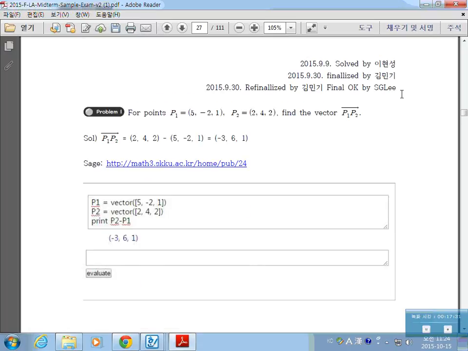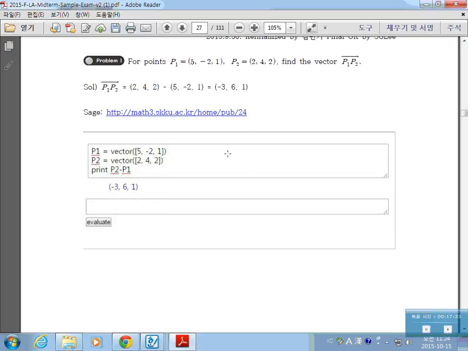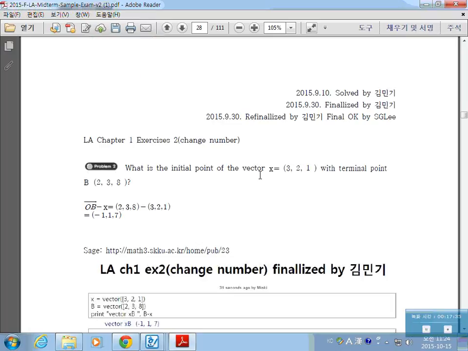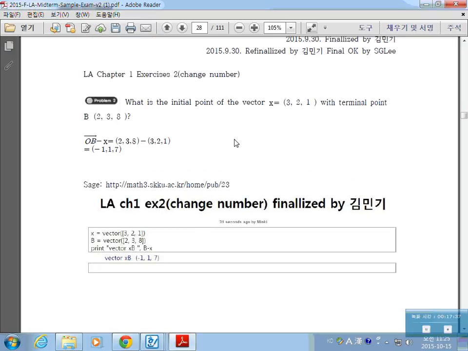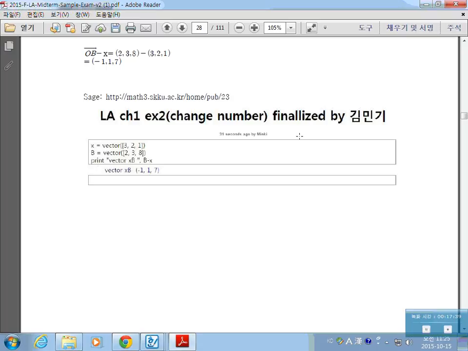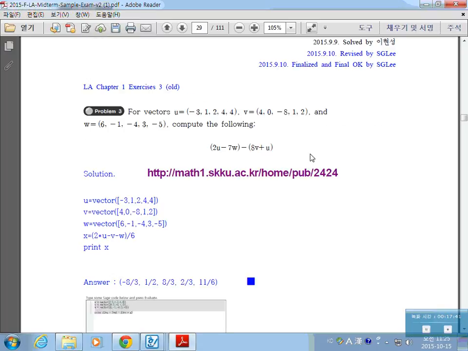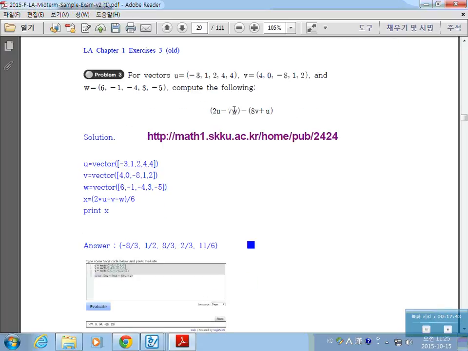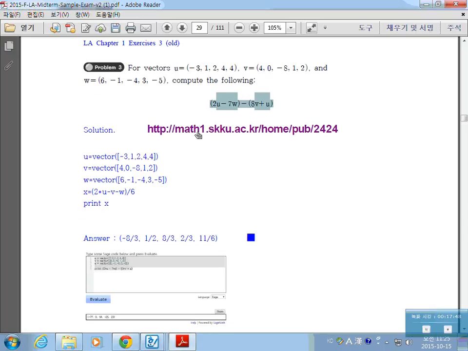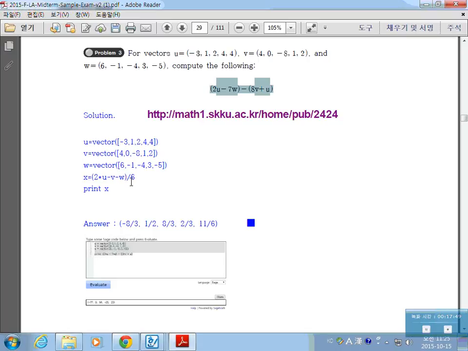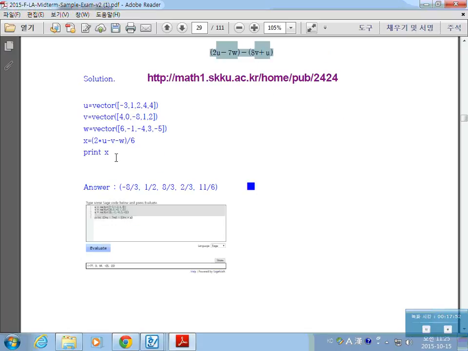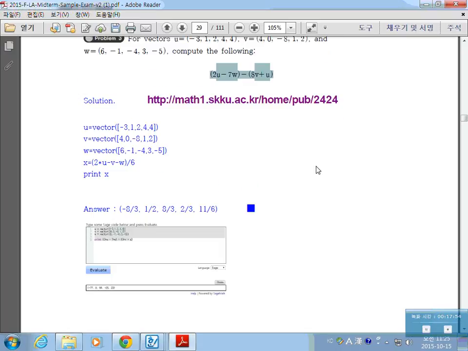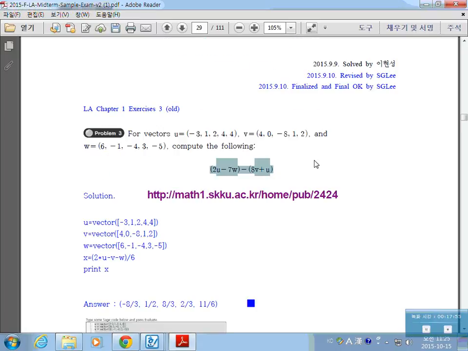And for the same problems with different values, and similar problems in a different pattern, the vector calculations can be done by hand and also can be done by code. But here, I think, who is this guy? Mr. Lee Hyun-sung?